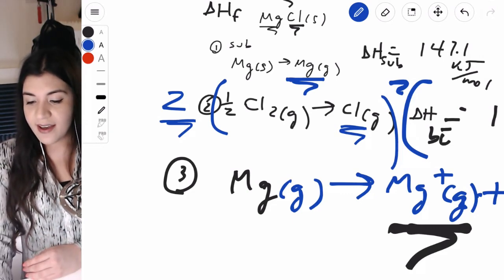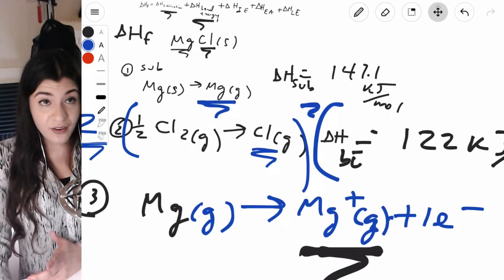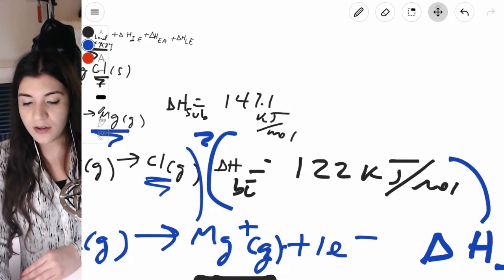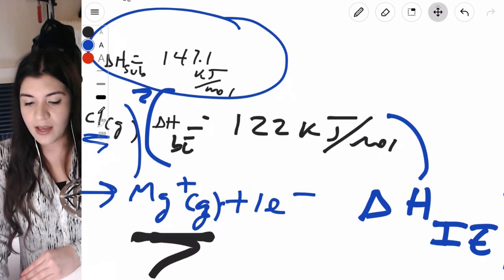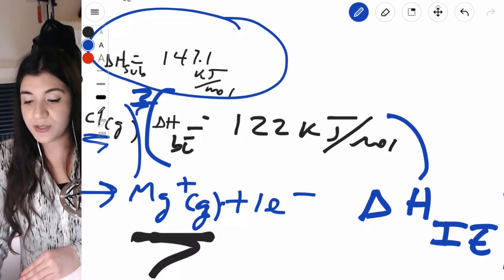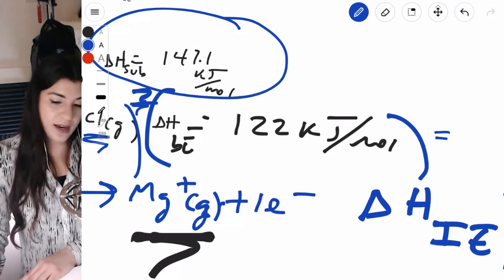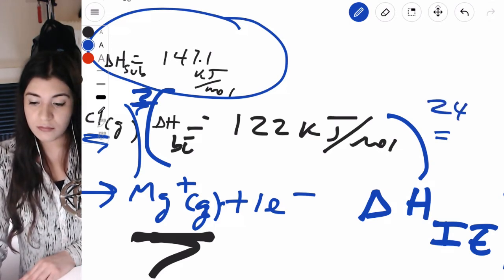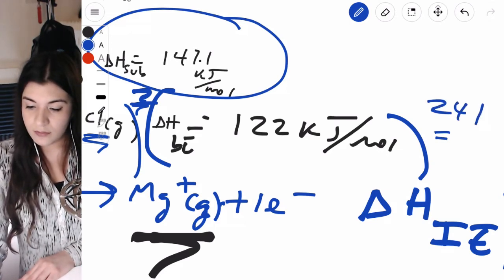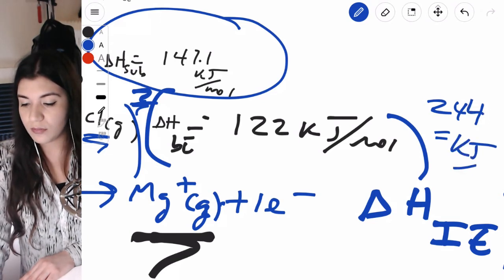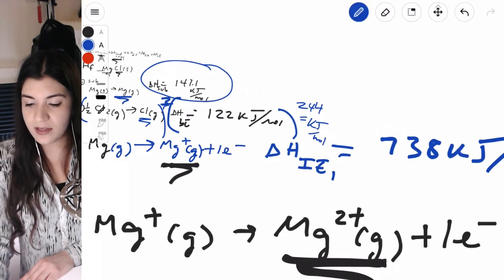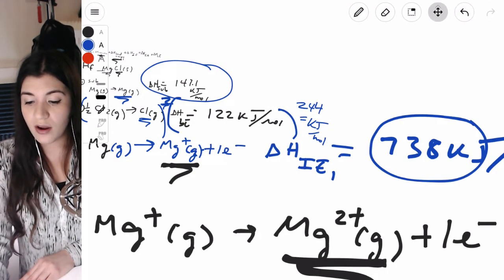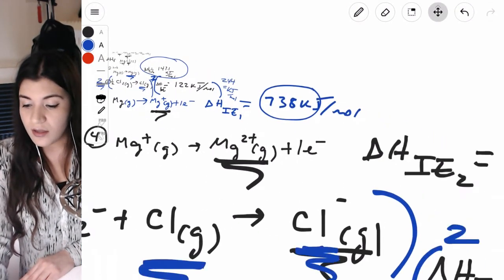So next, the last thing is to add everything together, okay? So I would literally add this one, that sublimation. Next, I would multiply 2 times 122, and that would have been 244 kilojoules per mole. Okay, I would keep going, and then I would add it to this value for our ionization energy 1.